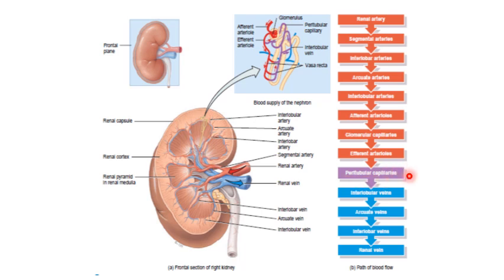These then give rise to veins: interlobular veins, arcuate veins, then interlobar veins, ending in the renal vein, and then back to the heart.